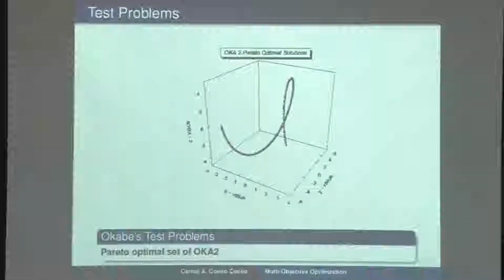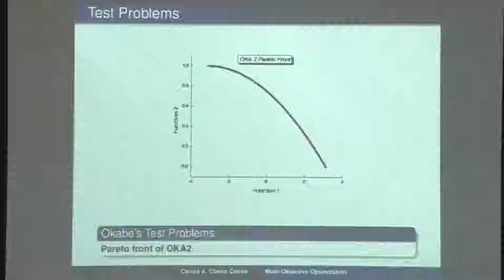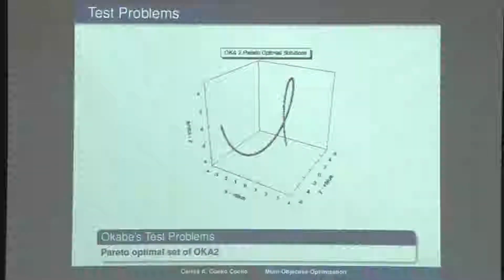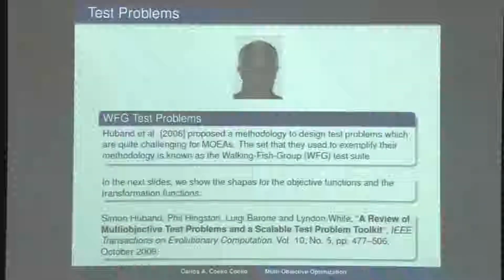So again, you could generate an approximation that is very close here, but if you don't match this exactly, then the Pareto front is going to be somewhere, not here, but below. And there will be a big gap. So these are very interesting problems, very challenging. That's why most people don't use them.